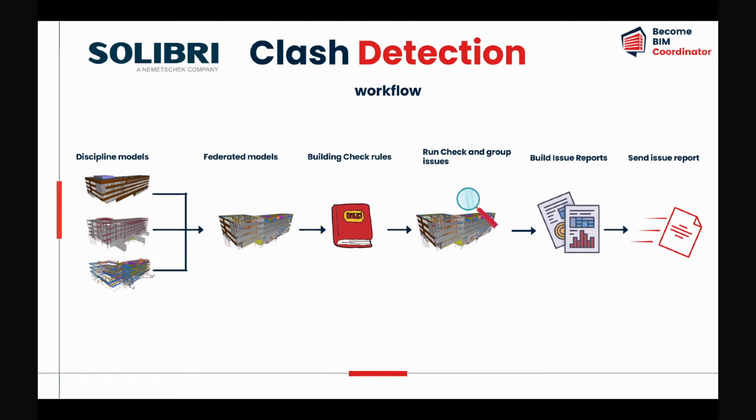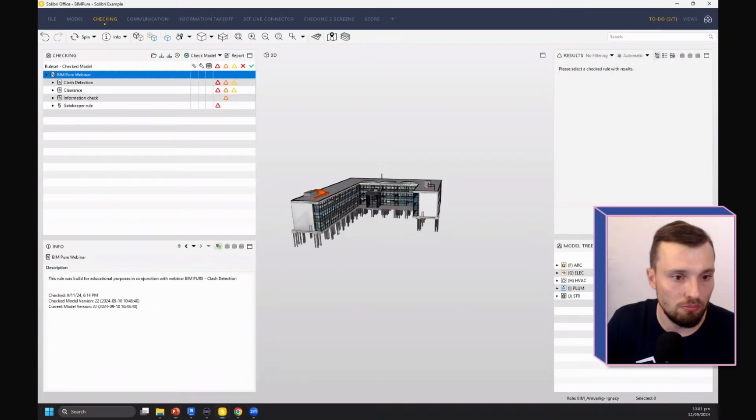But since Solibri is a rule-based checker, you can see here at the center that we are not building clash tests, we are building rules, and that's why I would like to show you how these rules can be leveraged by BIM coordinators. So right now, let's dive into Solibri.